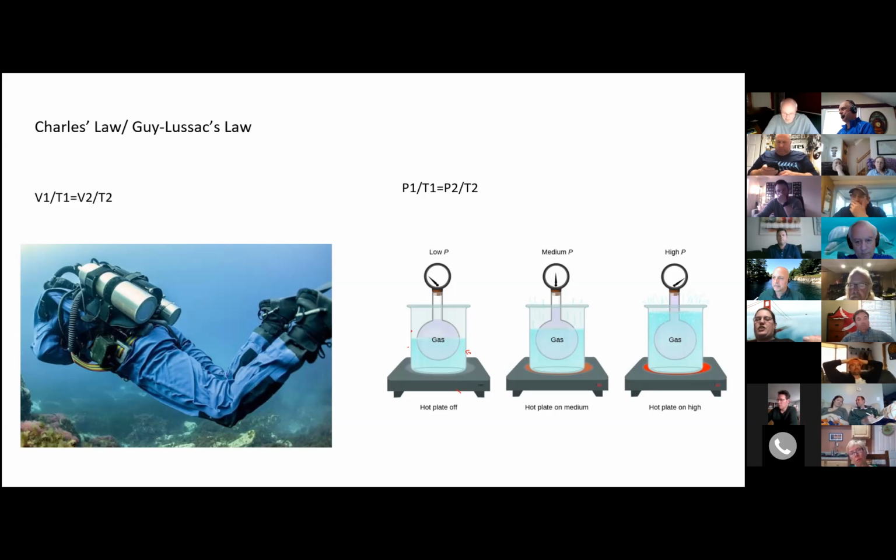But I get a good warm temperature, I add air, nothing's squeezing too much, and I go on a nice dive. I come out, and if I don't let my seal open pretty quickly, I'm going to get squeezed and vacuumed into my dry suit, because all of the air that was in there keeping me warm and dry is now getting colder, because the air around me is colder than the water I was just in.